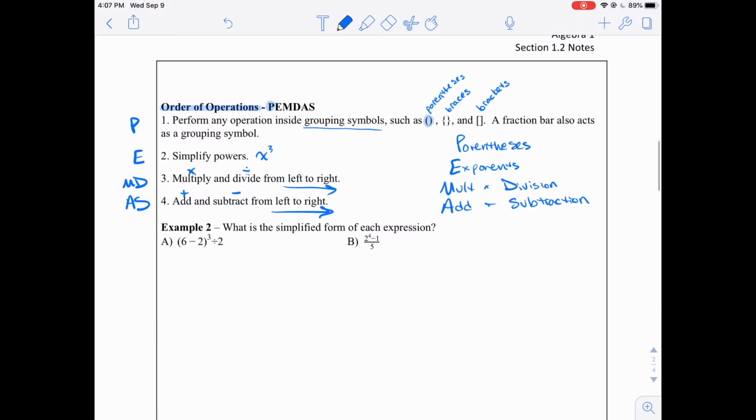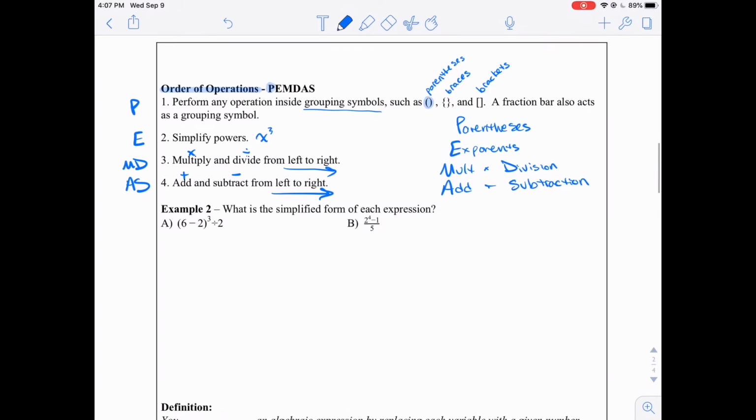So keeping your PEMDAS in mind, go ahead and try each of these examples. You should get 32 and 3. If you have a question, be sure to see the extra explanation video that's posted on Schoology, in which I go super in depth.